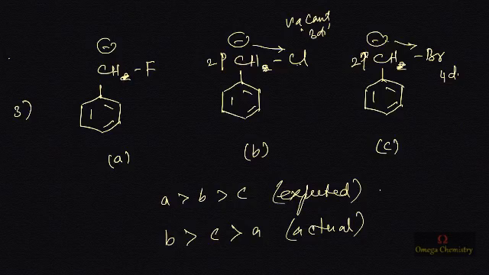So that back donation is not as effective as in compound B. That is why the intermediate generated in compound B will be more stable than the intermediate in compound C, whereas no such vacant orbital is available with fluorine, and that's why just the minus I effect operates. So compound A is lesser in acidity, and this is the order.